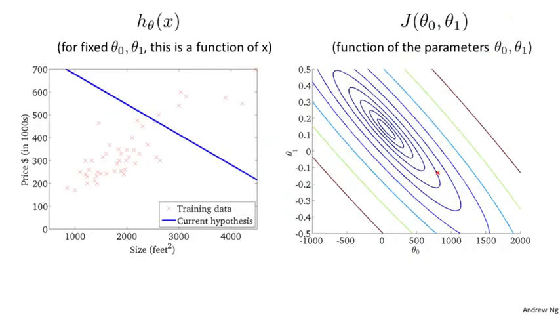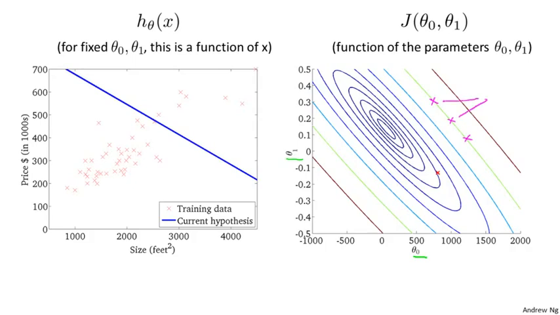So here's an example of a contour figure shown on the right, where the axes are theta 0 and theta 1. What each of these ovals, each of these ellipses, shows is a set of points that take on the same value for J of theta 0, theta 1. Concretely, for example, let's take that point and that point and that point.